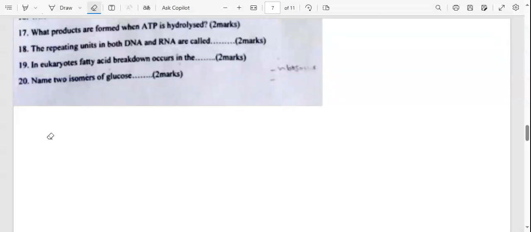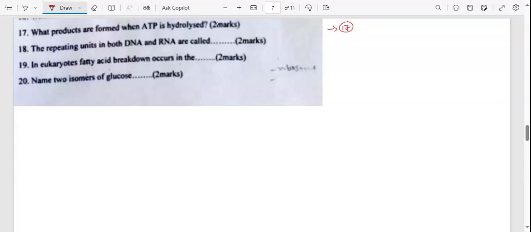Question 17 gives what products are formed when ATP is hydrolyzed. ATP is a storage form of energy for the cells. Cells need ATP to work; that's their energy.